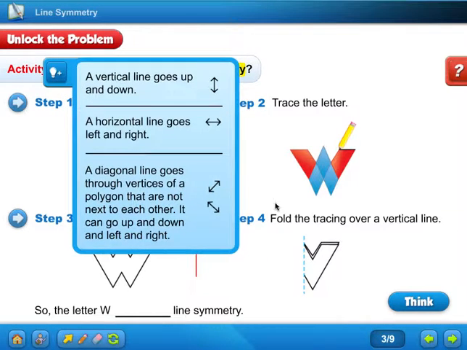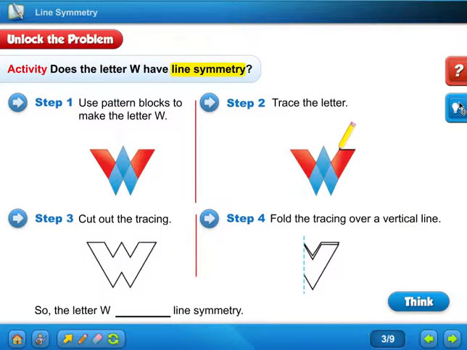Now if you folded this way, I would fold it horizontally too. So fold it in half. It does not match up. And if you fold it diagonally, it doesn't match up either. So there's only one way to fold the W, which is vertically, right up and down.